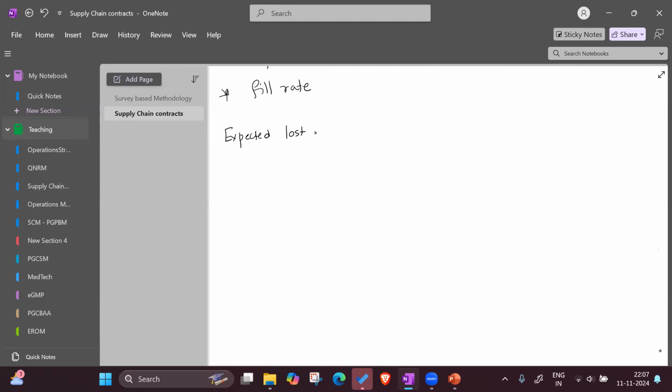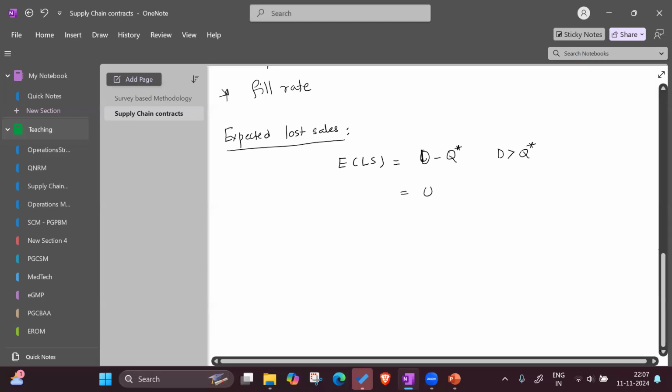As we have understood, when do we have lost sale? Lost sale is generally had when our demand happens to be more than the quantity that we have ordered. So lost sale is going to be equal to the demand minus Q star when demand is greater than Q star, and equal to 0 when demand is less than Q star.